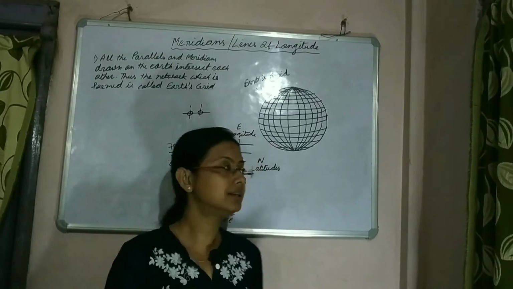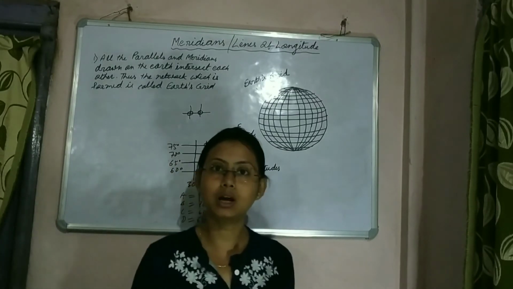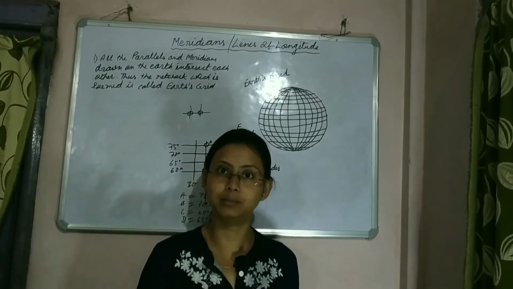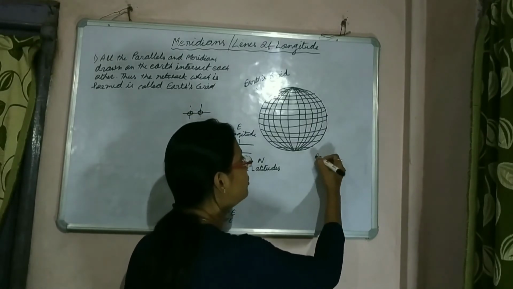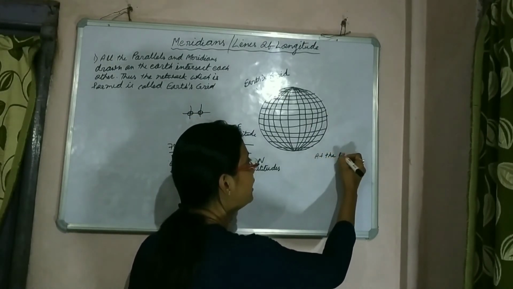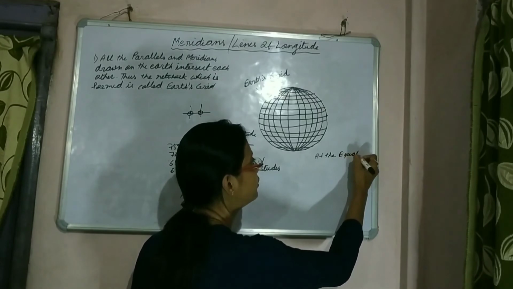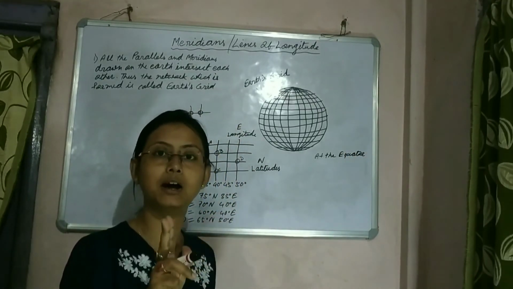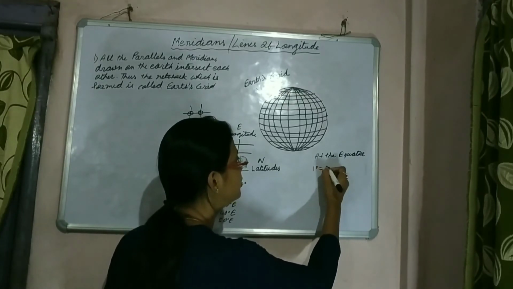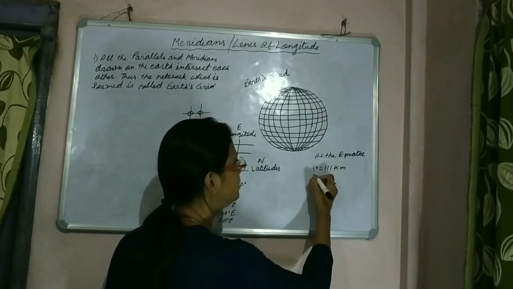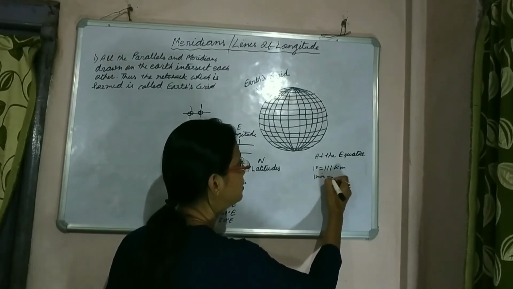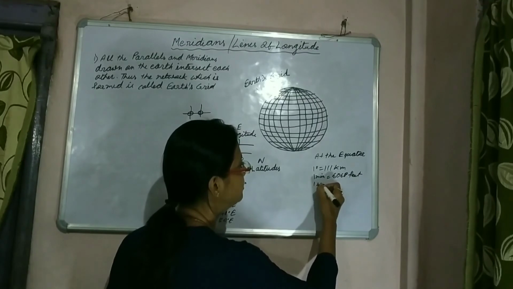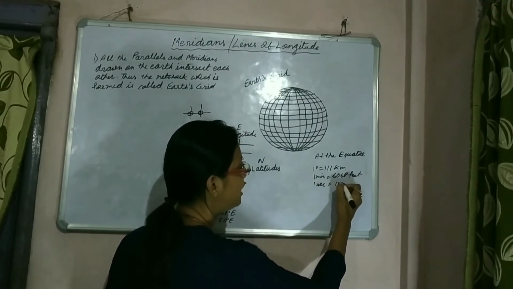But in case of meridians, we know now that the distance varies. On the equatorial region, the distance is found maximum. Remember, here I am taking the reference of the equator. On the equator, the distance between two meridians is found to be approximately 1 degree equals 111 kilometer, 1 minute equals 6068 feet, and 1 second equals 101 feet.